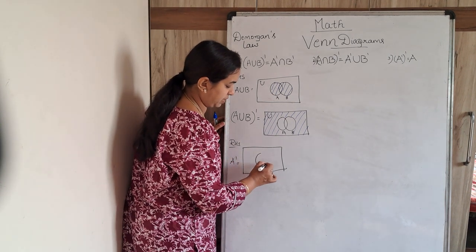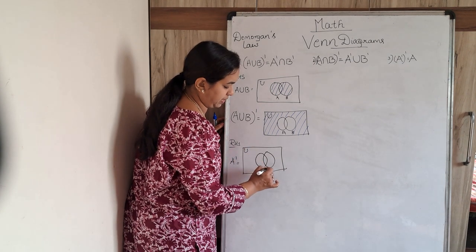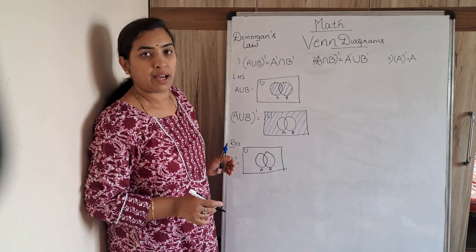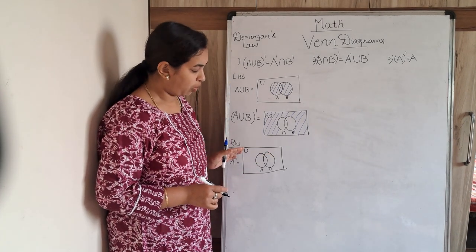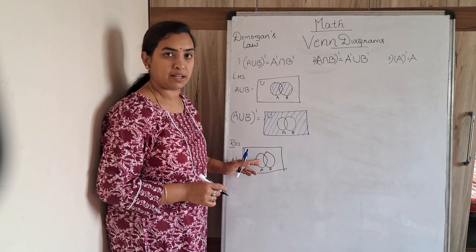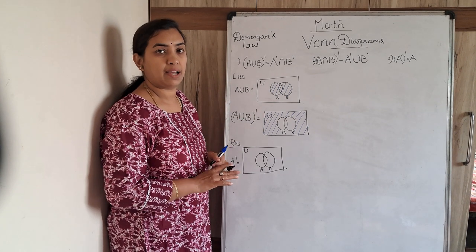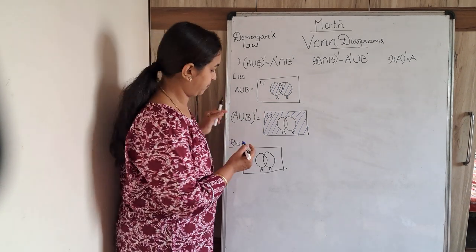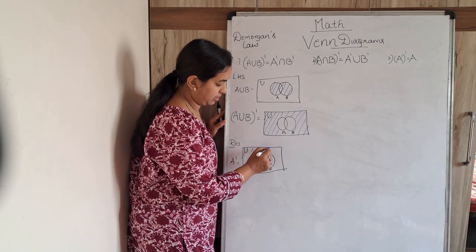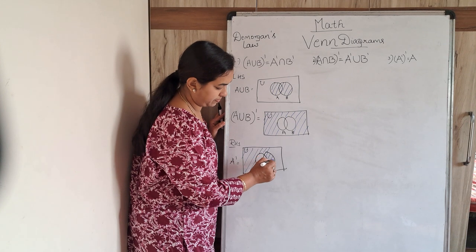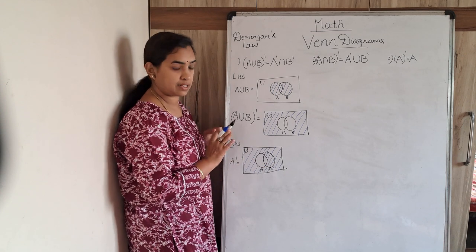So in order to represent A dash, this will be our universal set, set A and set B. Again, A dash means here we need to shade all the other parts except this circle A, because A dash will contain all the elements of the universal set except the elements of set A. So we need to shade all this part except this set A circle.